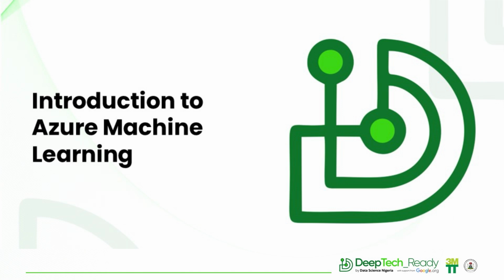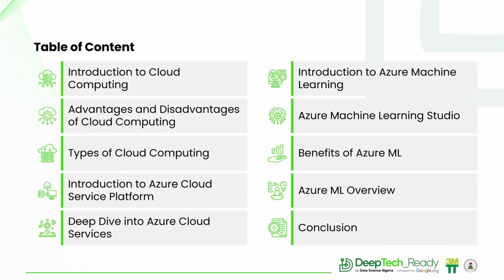In this video, we'll be introducing you to cloud computing, Azure and Azure Machine Learning. We'll start by exploring the basics of cloud computing, including its advantages and disadvantages, followed by an overview of the different types of cloud computing. From there, we'll dive into Azure Cloud Service Platform, getting a deep understanding of its capabilities. Next, we'll focus on Azure Machine Learning, where we'll introduce Azure Machine Learning Studio.